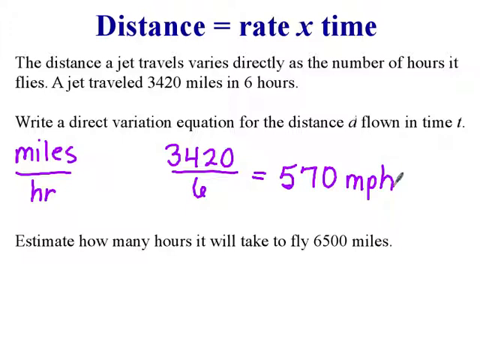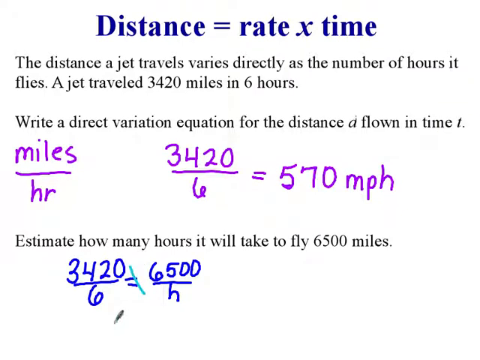So there's two ways to do this. First way, let's write a proportion just like what we just got done doing. In which case we would have 3,420 over 6 equals what? 6,500 over h. All right, so let's go ahead and cross multiply and see what we get.